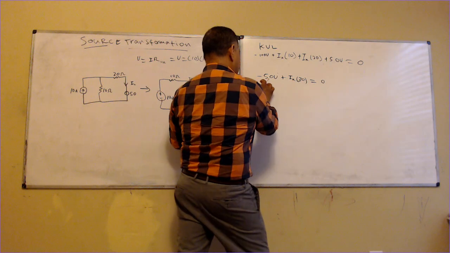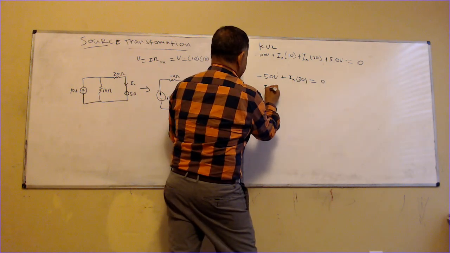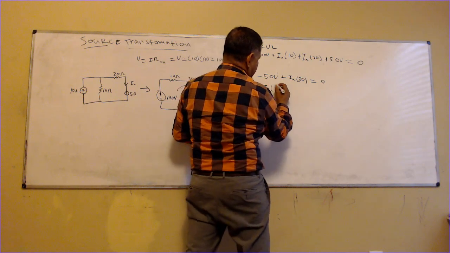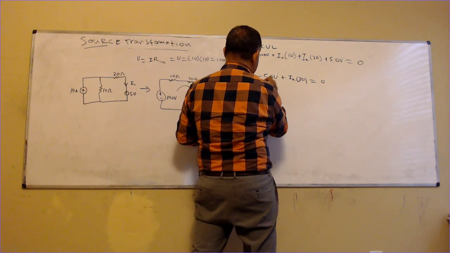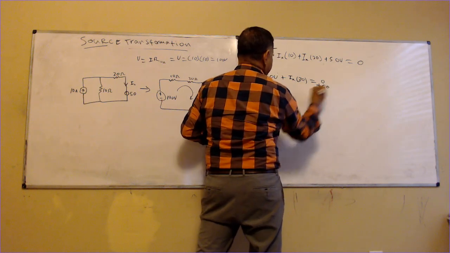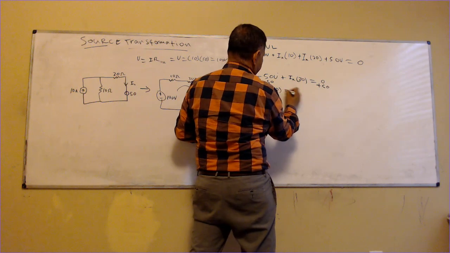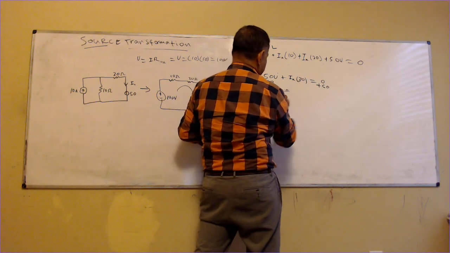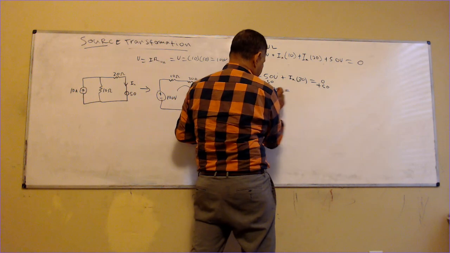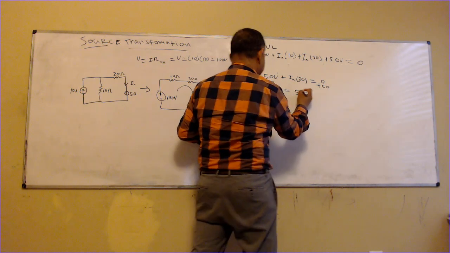Now I can move the 50 to the other side, so I get Ix times the resistance of 30 ohms equal to 50.